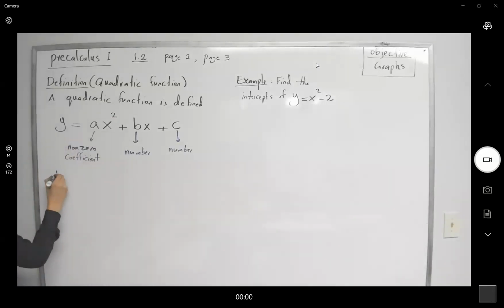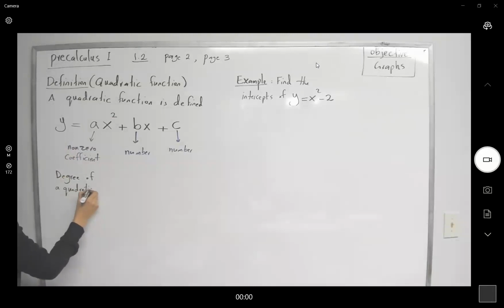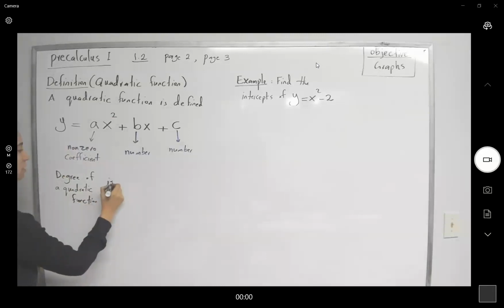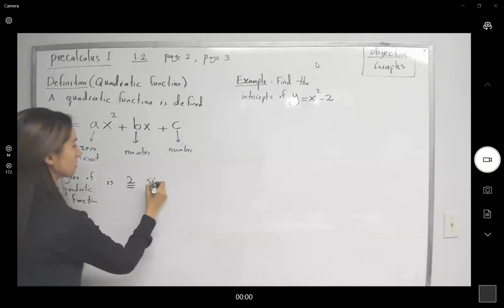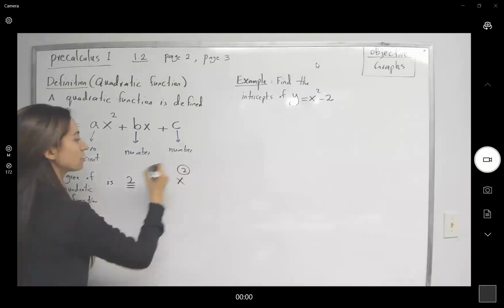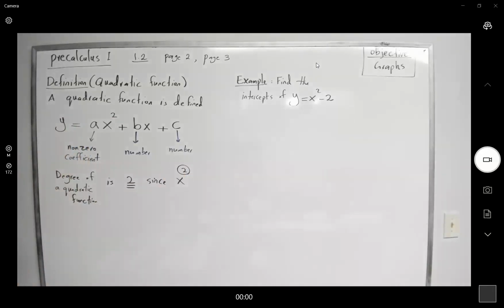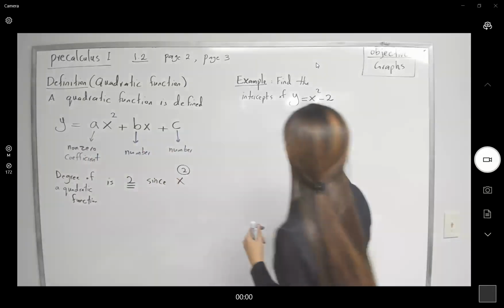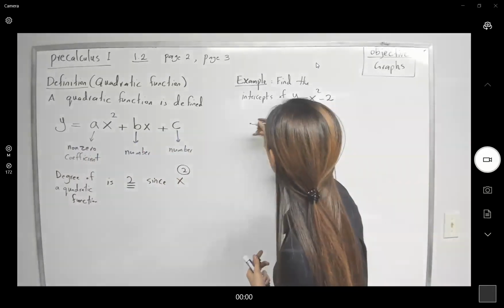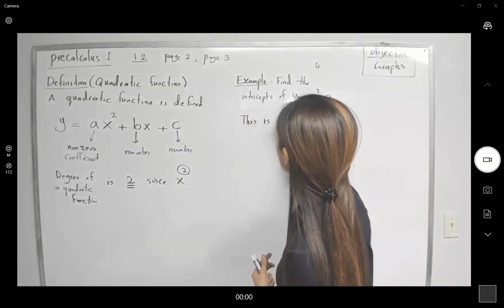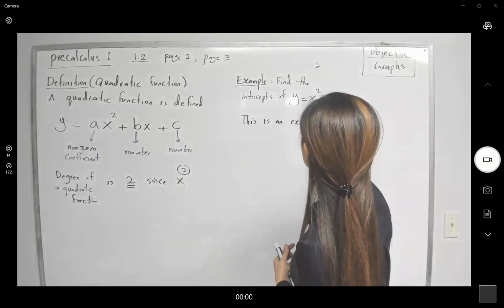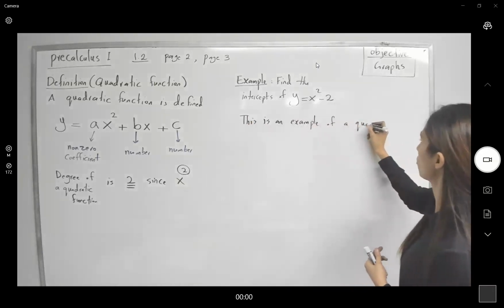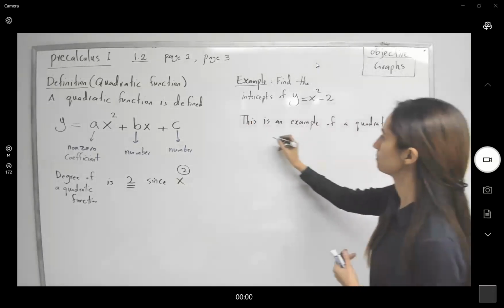So the degree of a quadratic function or quadratic equation is 2, since x has exponent 2. So if you look at this example, this is an example of a quadratic function.